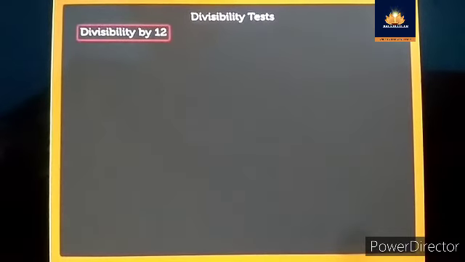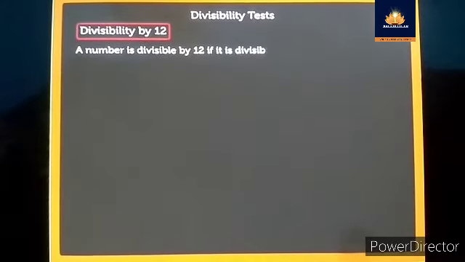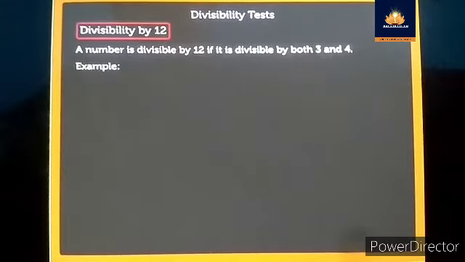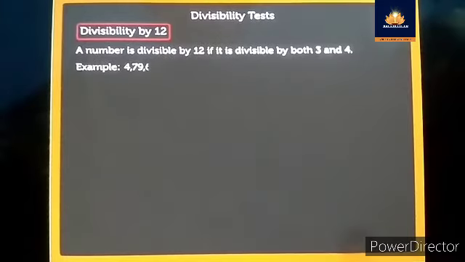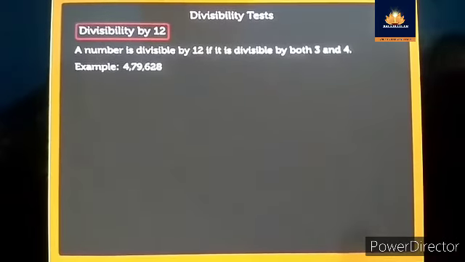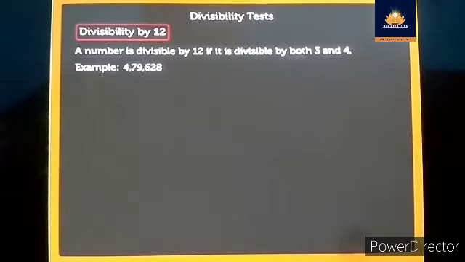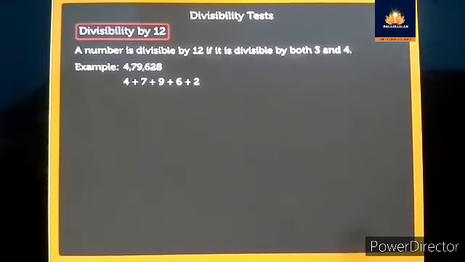Divisibility by 12. A number is divisible by 12 if it is divisible by both 3 and 4. For example, 4,79,628. Here, by adding the digits 4 plus 7 plus 9 plus 6 plus 2 plus 8, we get the sum as 36. 36 is divisible by 3.